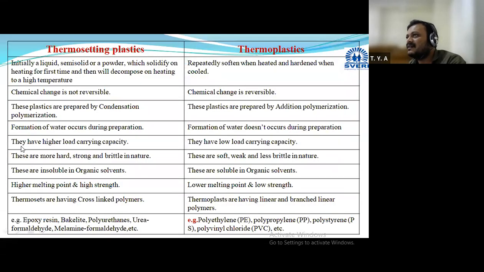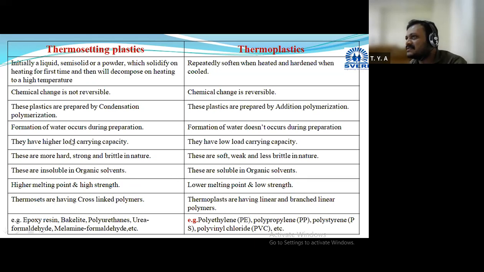Here they have higher load carrying capacity due to the cross-linking of the bonds, and these have low load carrying capacity. These are more hard, strong, and brittle in nature; these are soft, weak, and less brittle. These are insoluble in organic solvents; these are soluble in organic solvents.